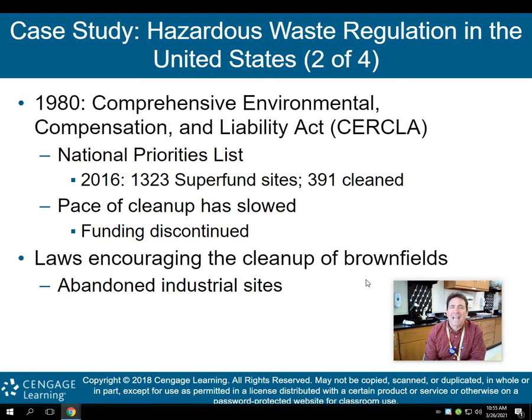Again, these mines weren't lined. These mines had no way of keeping the toxic chemicals in the waste. They all started to seep into the groundwater.